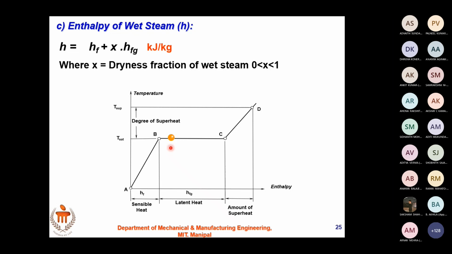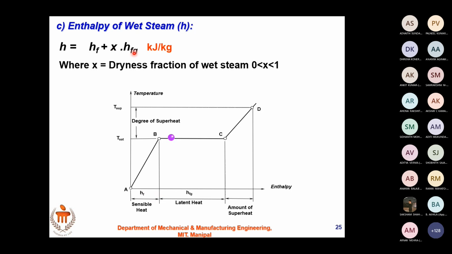Ma'am, can you repeat the definition one more time, please? I would want you to construct the definition on your own using this. What is HF denoting? It is the amount of heat. So I am starting my experiment here till here, right? If I want to find the enthalpy of wet steam at this point, which is blinking on the screen, the amount of heat that is required from this point to this point has been broken into two parts. One is HF, another is this part. So what is this part?